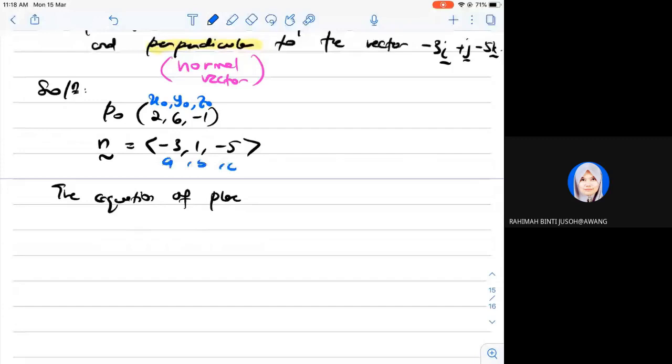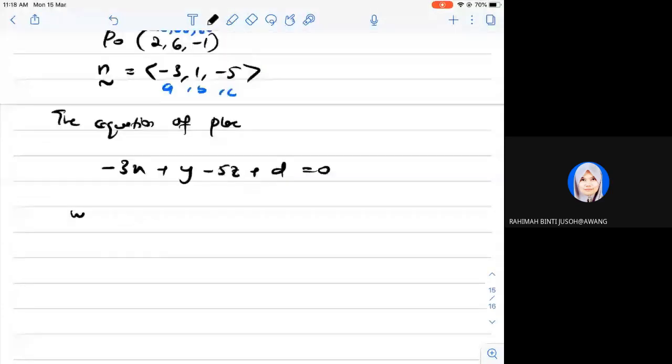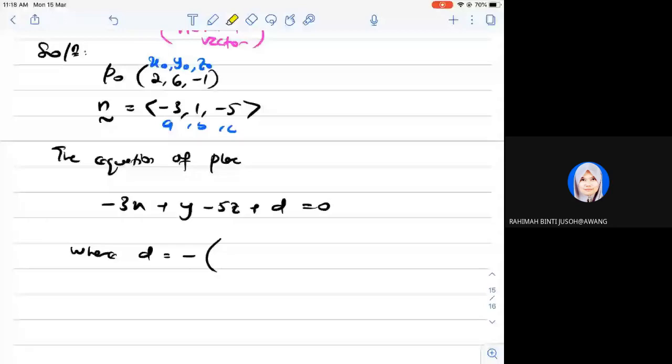We have -3x plus 1y minus 5z plus d equals to 0. You just need to calculate d, where d is equals to negative of 2 times -3 plus 6 times 1 plus -1 times -5.